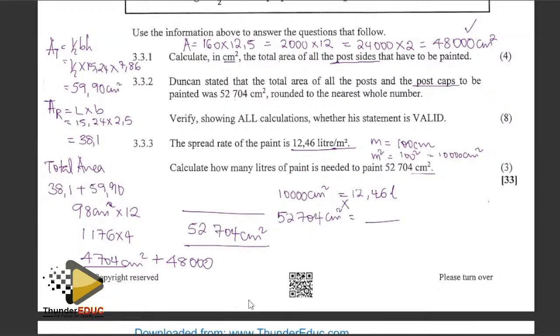I need to cross multiply. I divide by that much. So this simply means it will be 52 times 12,6 divided by 10,000.